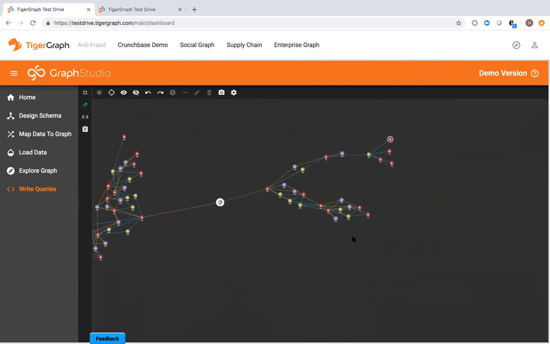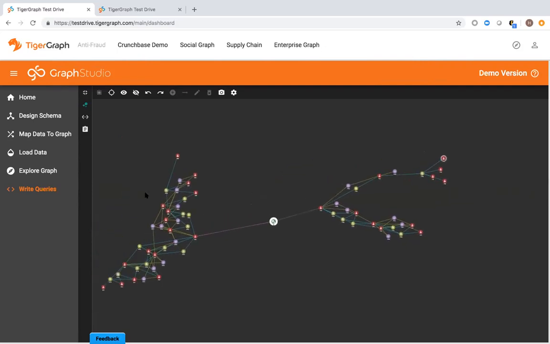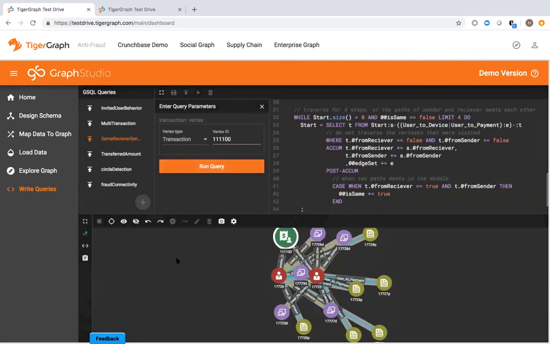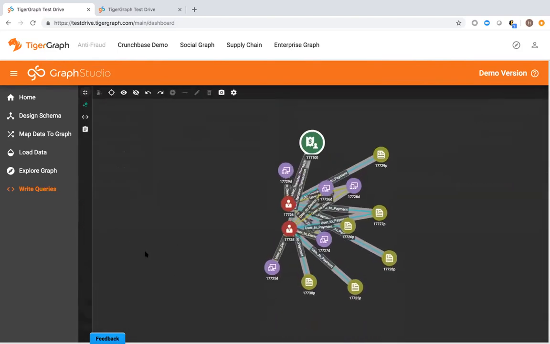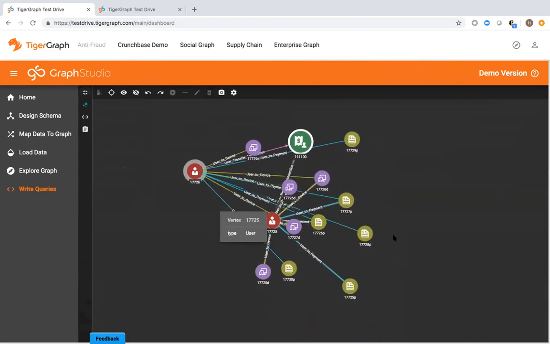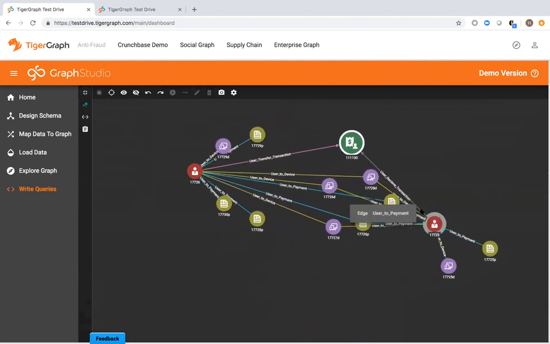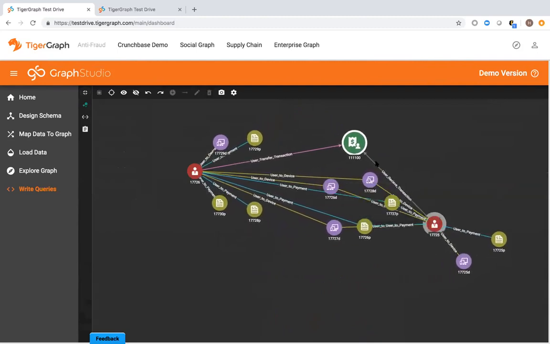As we traverse from the sender and the receiver at the same time, there are 5 hops in total. Here we can see these 2 groups are totally separated. So it's a normal user. We can look at another transaction. Okay, here the sender and the receiver are very closely connected. So it needs more attention as it may be a money laundering activity.